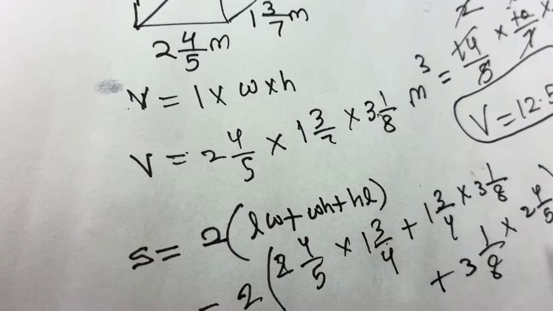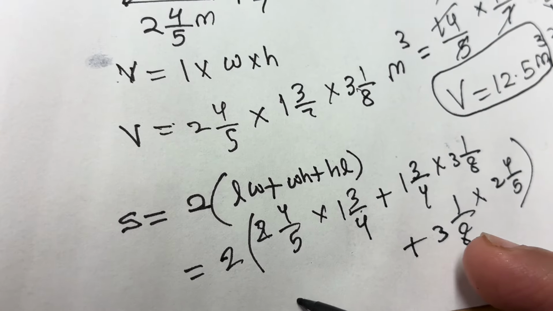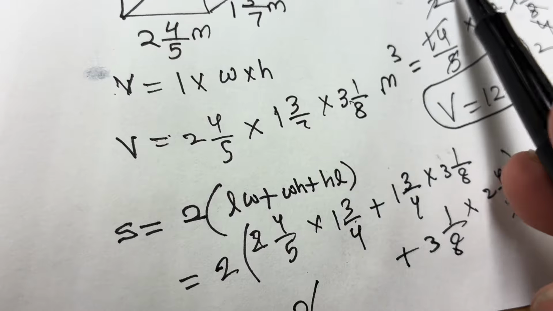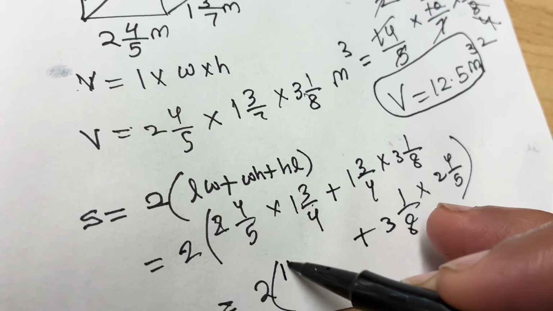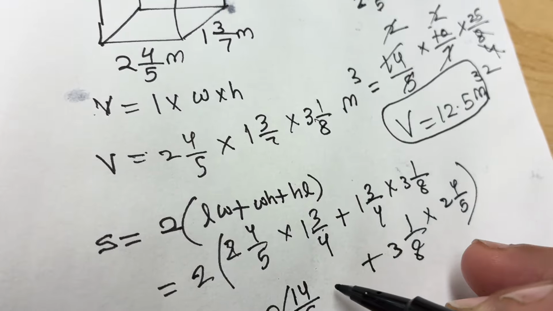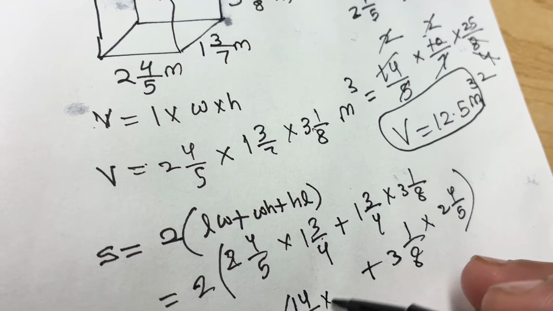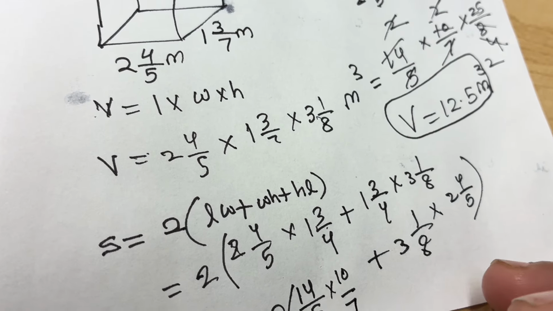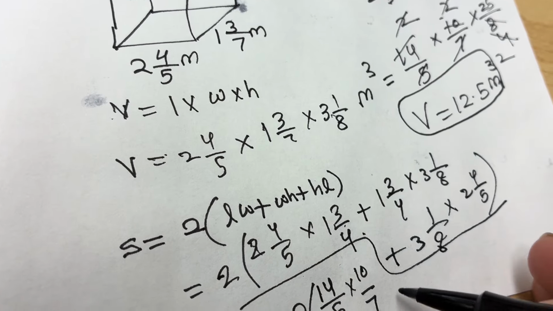And for finding the surface area, we can use the formula as 2 times, and for 2 4/5, I have 14/5 here as the improper fraction. So I'm writing 14/5 and multiplying it with 1 3/7, which I have as 10/7, so 14/5 times 10/7.